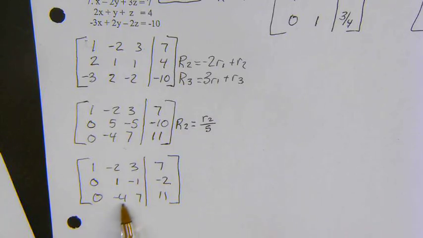Okay? So if this was a 6 by 6, which we won't have any on the test. Don't worry, we won't have any in this class. But one of the advantages of this method is that you could go to as many. I mean, if you tried to solve a system of 5 equations with 5 variables the old-fashioned way, that would not be very fun.